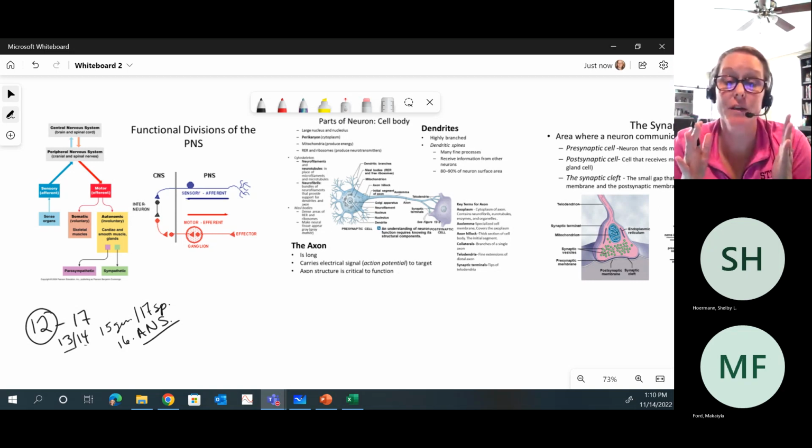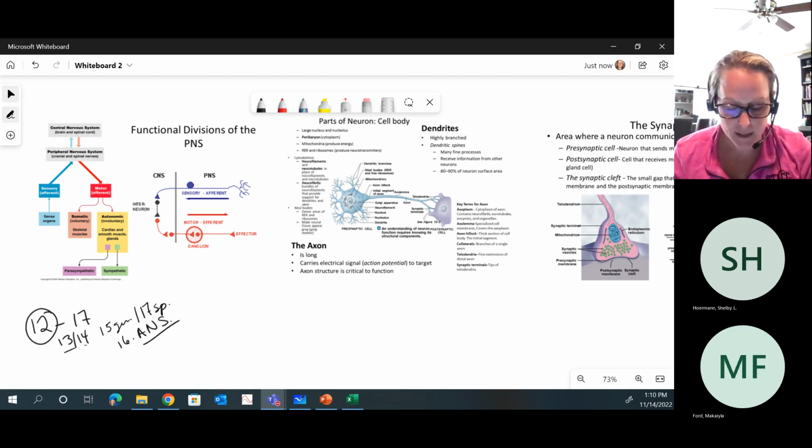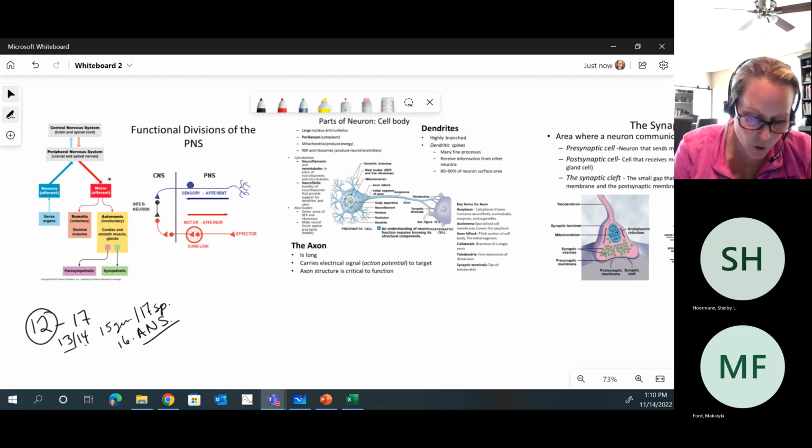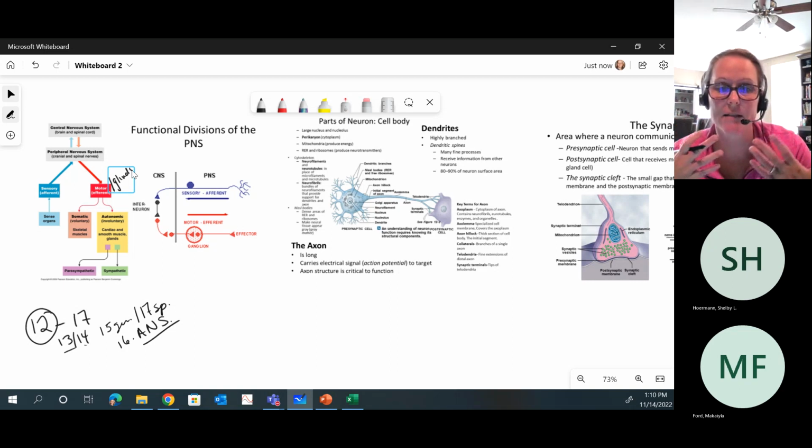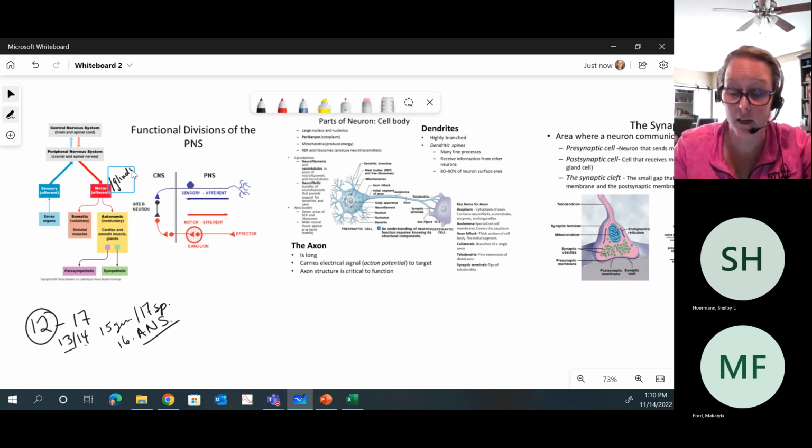Okay, then when you think about it, information is either coming out of the brain or coming into the brain. So when we think about that, we know that information going out is normally going to be motor, or it's going to be like glands telling your sweat glands or your salivary glands to secrete things.